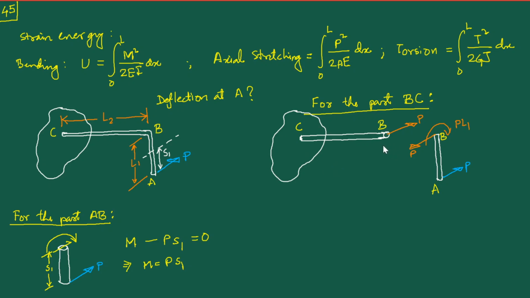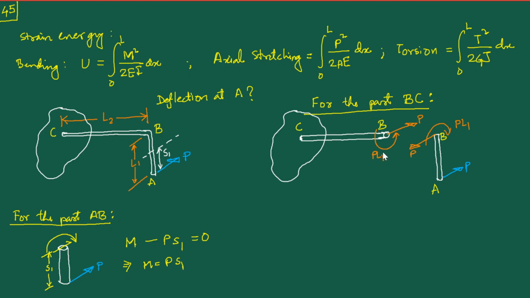So the PL1 that is going to be applied here is going to be applied in the form of a torsion. And the sense of that, of course, is going to be the other way around. So let me just draw that. This is PL1.